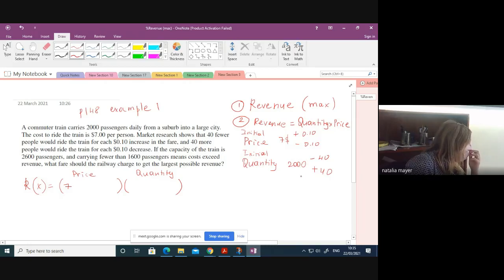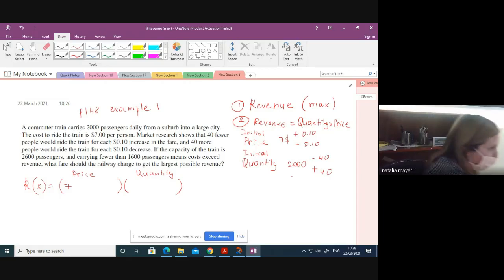Isn't it artificial, like 2000 and x is equal to 40 and it keeps increasing by 40? Okay. Last chance before I say anything. So the revenue depends on what? The revenue depends on the change in the price and the quantity.